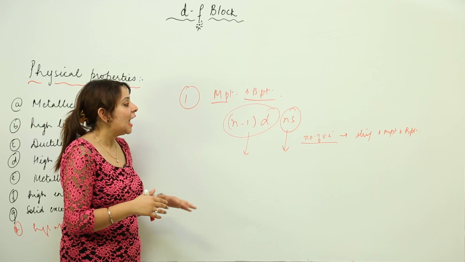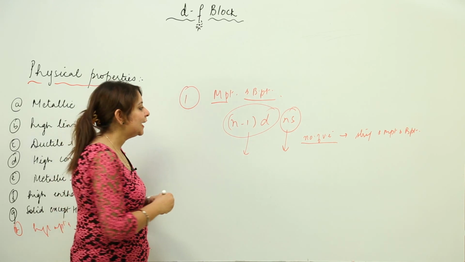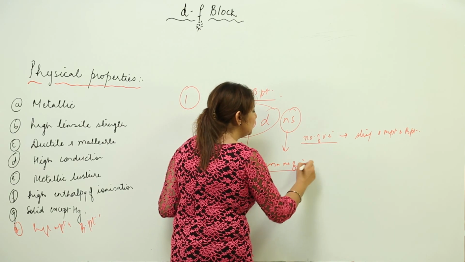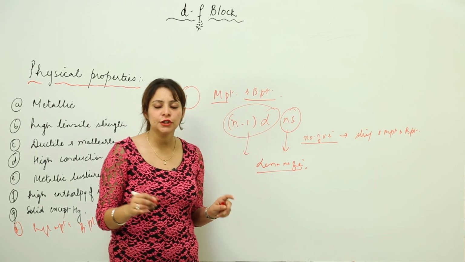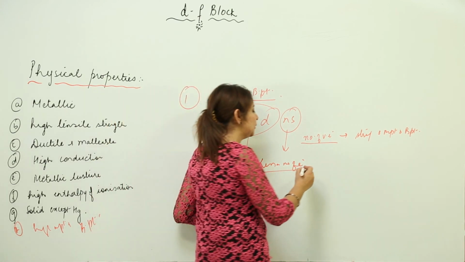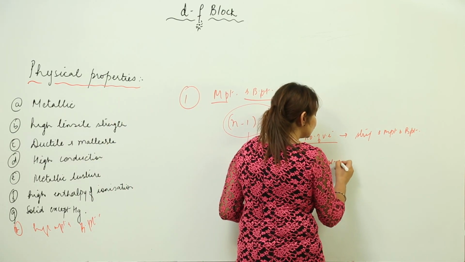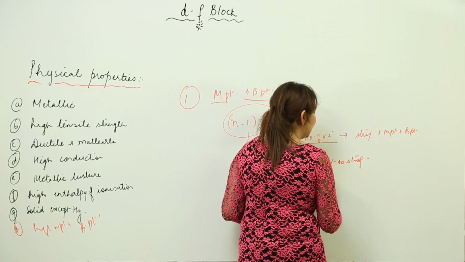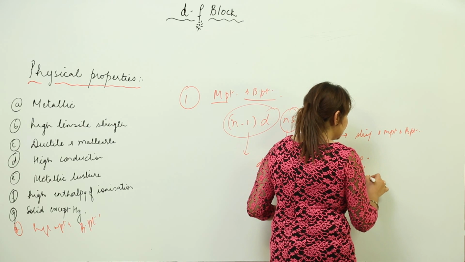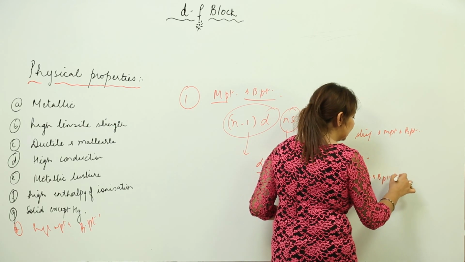As they get filled, a lesser number of electrons participate in the interatomic bond formation. When fewer electrons participate, the bond will not be so strong, and when the bond is not so strong, the melting and boiling point will decrease.